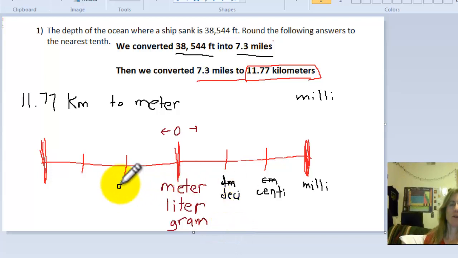This one is deca. You don't often see deca and hecta. This is hecta. And this is kilo. So the values are 10, 100, and 1,000, because the metric system just works.